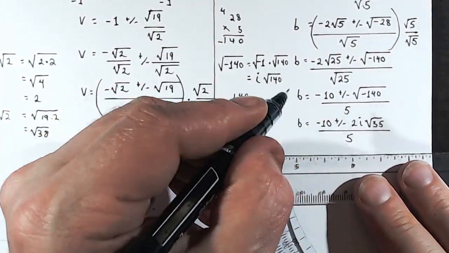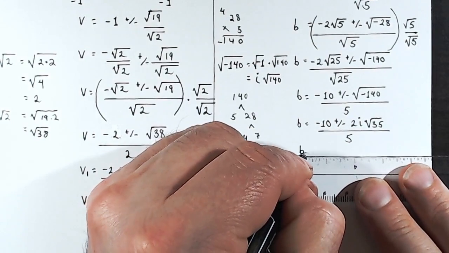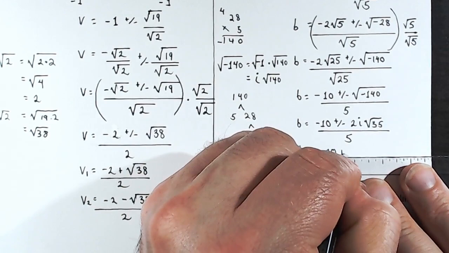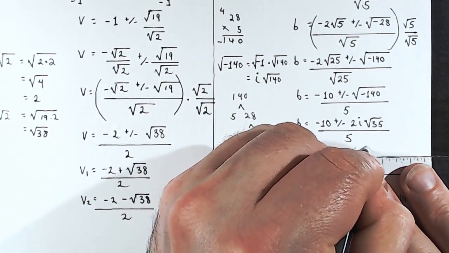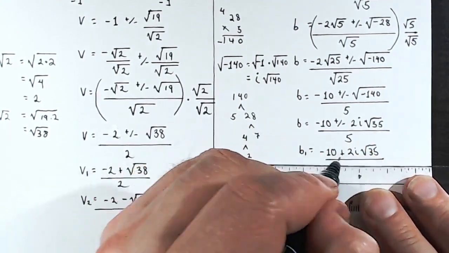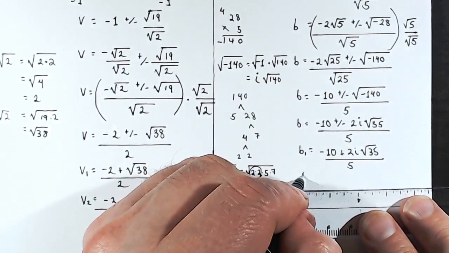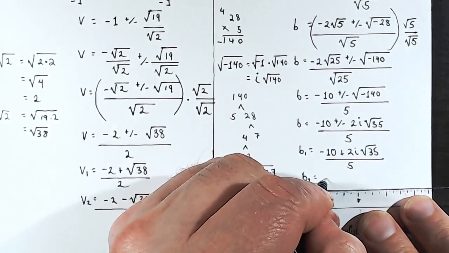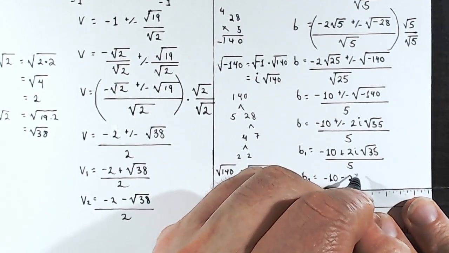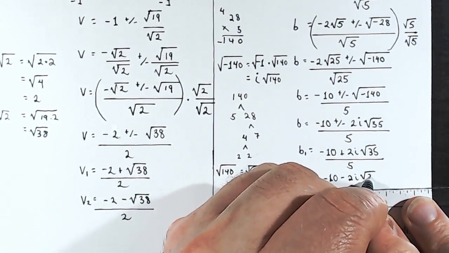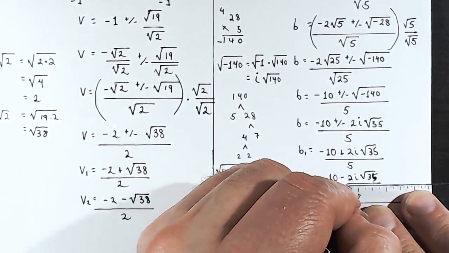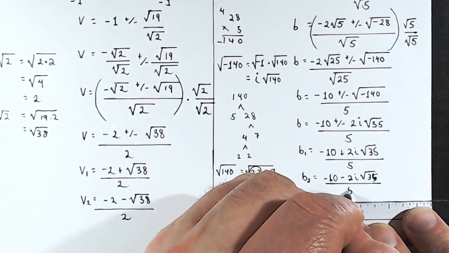One of our solutions, b1, will be negative 10 plus 2i square root 35 over 5. And our other solution, b2, will be negative 10 minus 2i square root 35 over 5.